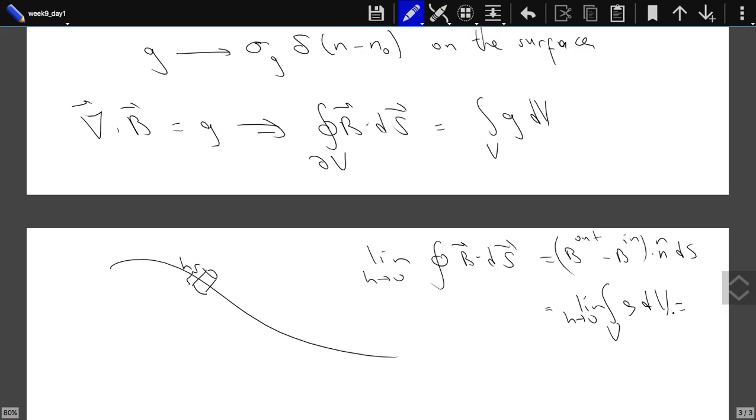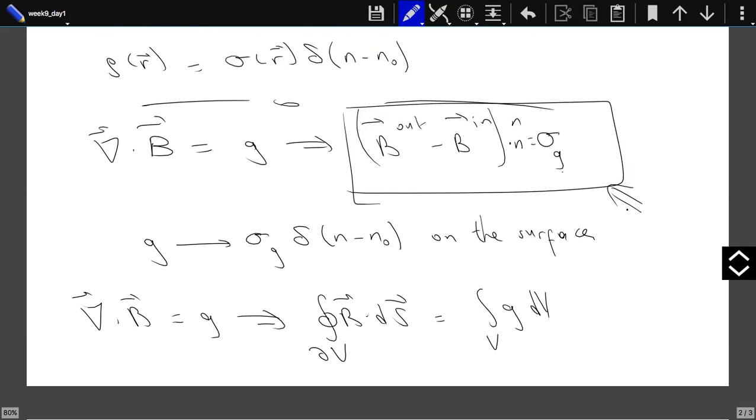So this integral will be nothing but sigma corresponding to this G, whatever that G is, multiplied by ds. Just cancel the ds's, and you obtain this relation over here. Wherever you see a Gauss law, there is always this condition on the discontinuity perpendicular to a given surface.